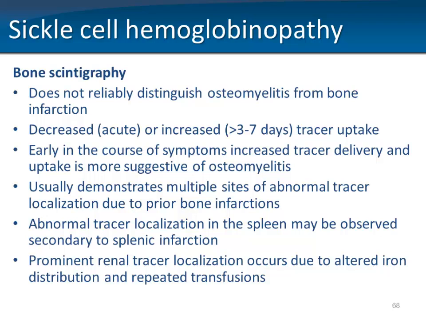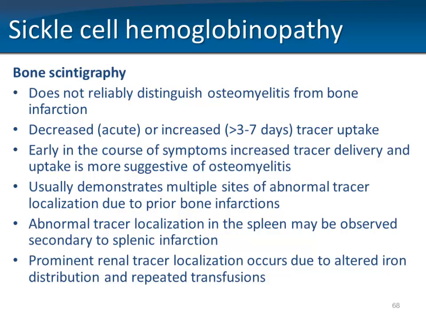If early in the course of symptoms there is increased tracer delivery and uptake, this is more suggestive of osteomyelitis, obviously, because you fail to see the occlusive, the ischemic part. Usually you see multiple sites of abnormal uptake, and usually a combination of acute lesions with photopenic defects combined with older lesions that show inhomogeneous uptake.